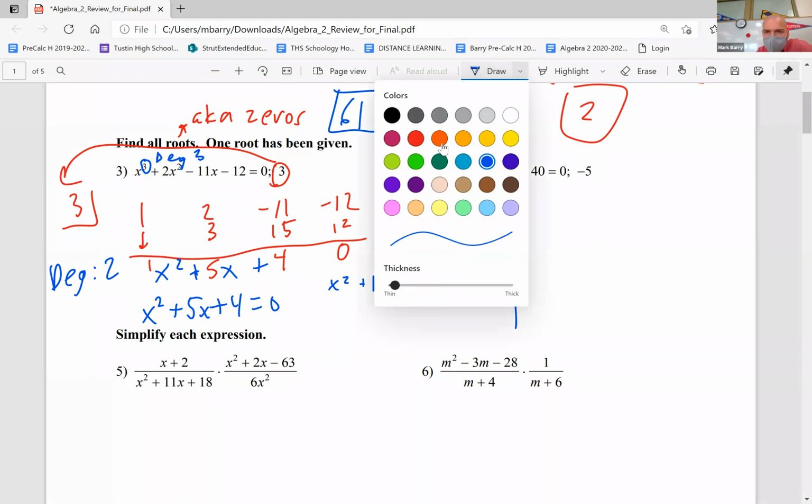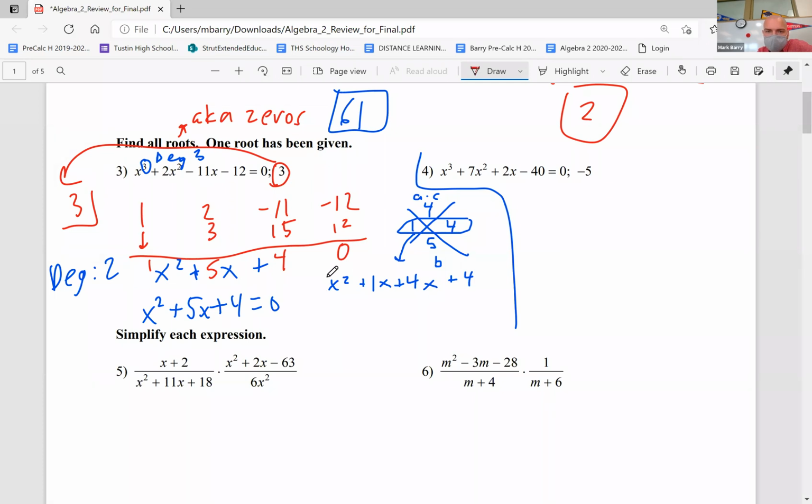All right, now we do factor by grouping. So I group these two together, and I group these two together. What can I take out of the first group? I can take out an x, and that leaves me with x plus 1. What can I take out of the second group?